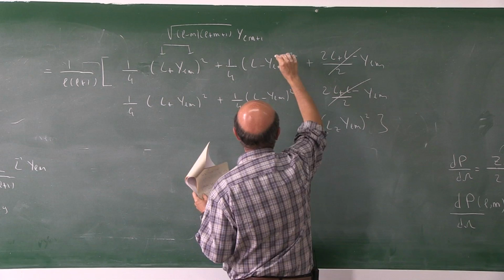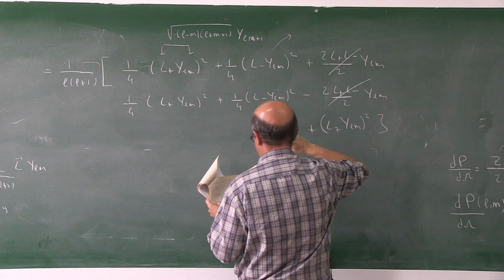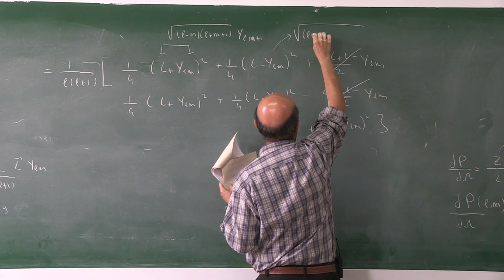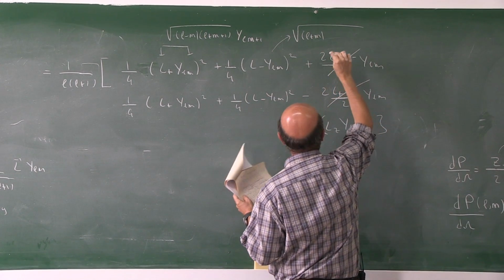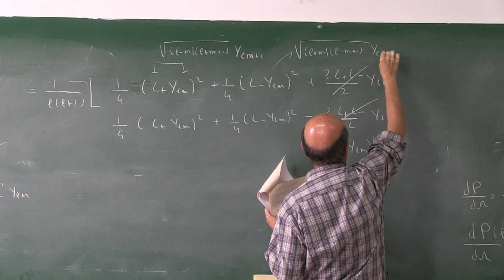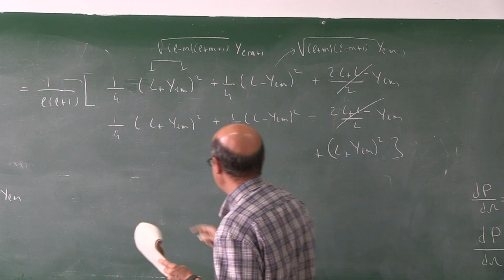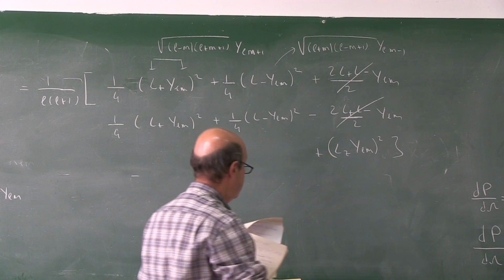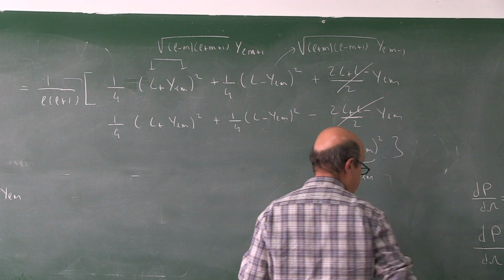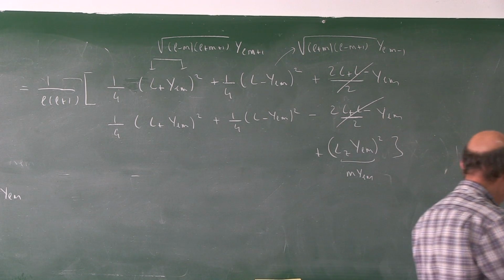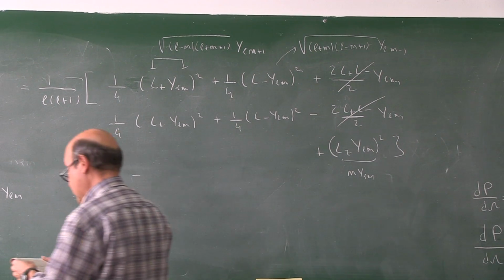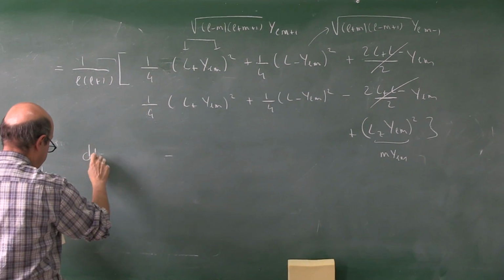And the L minus operator acting on YLM is the square root of (L plus M)(L minus M plus 1) times YL,M minus 1. We have 2 times this, and you know that Lz acting on YLM is M YLM.